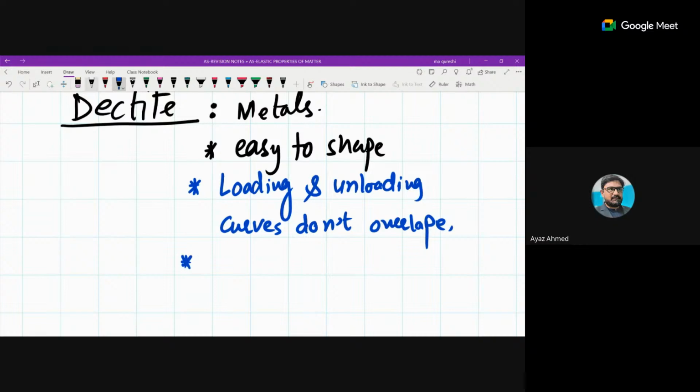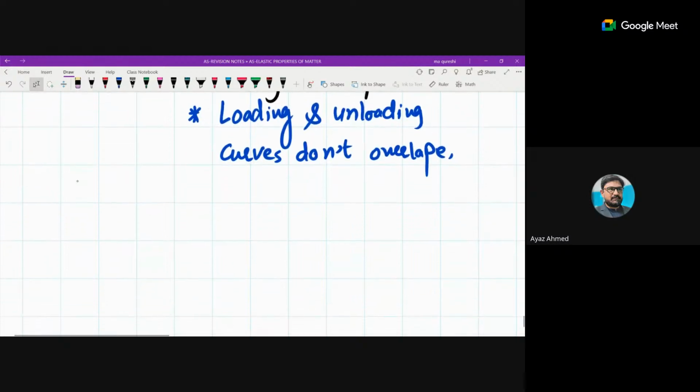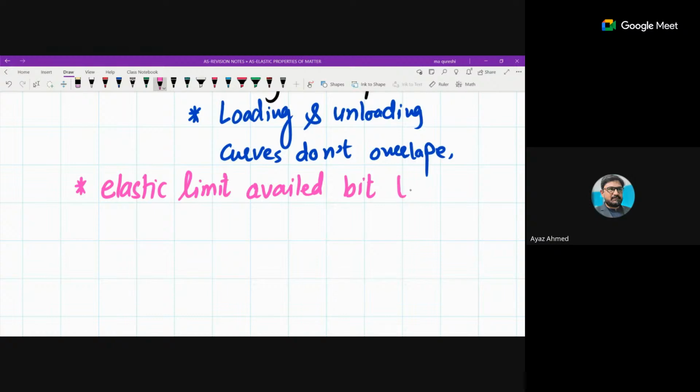And a very, very important point: the elastic limit is achieved a bit later. That is, the elastic limit is greater.